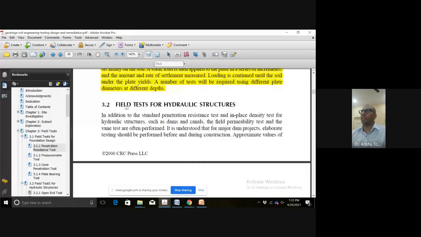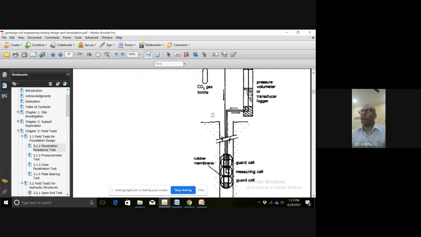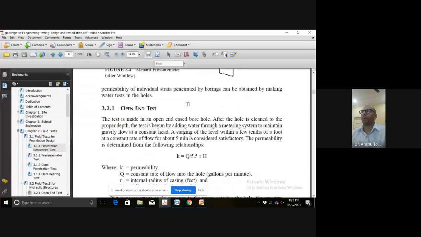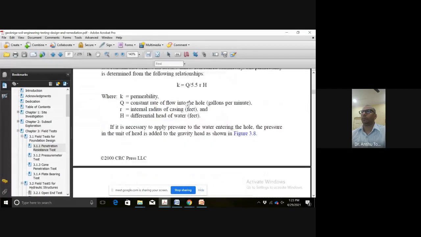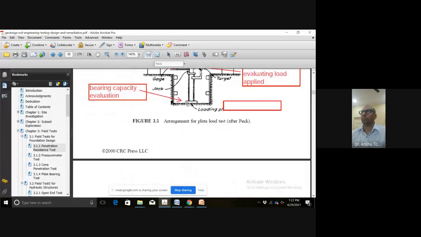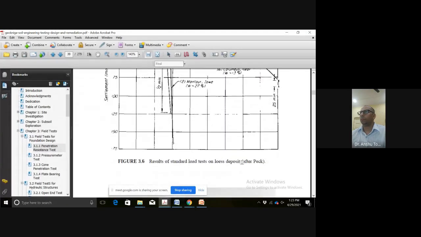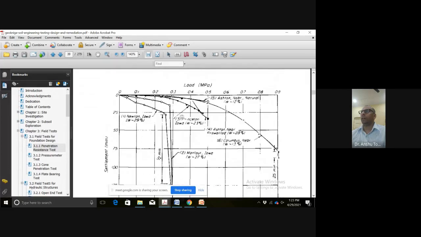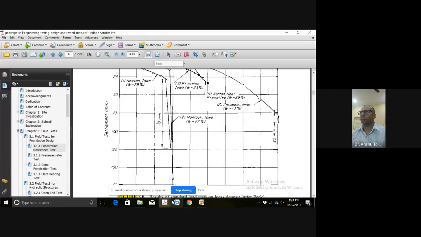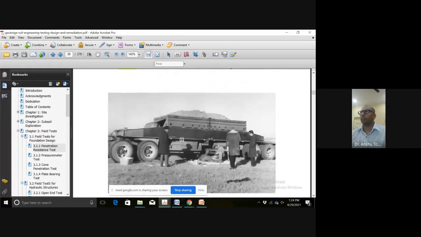Then we have got another category, field tests for hydraulic structures. As I've told, it is quite different and difficult to conduct tests for hydraulic structures. So here we can see we are having a load, and here we are having settlement. That is the curve on the side.